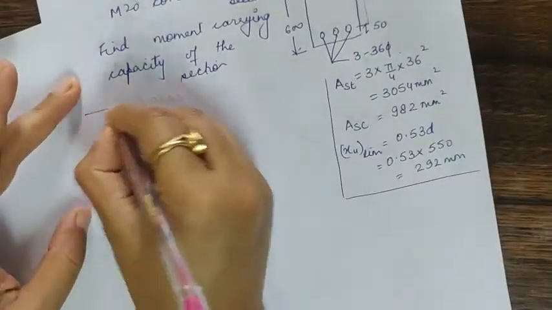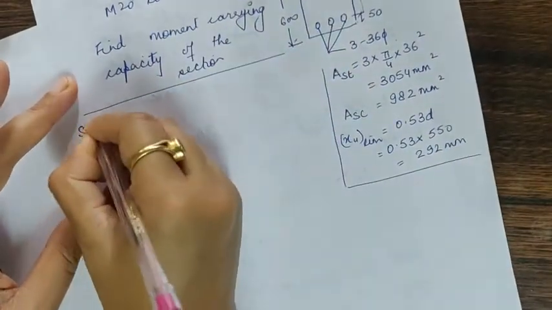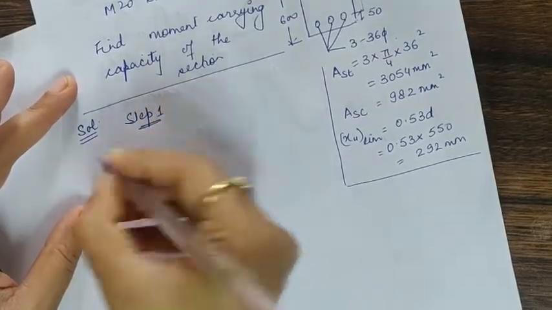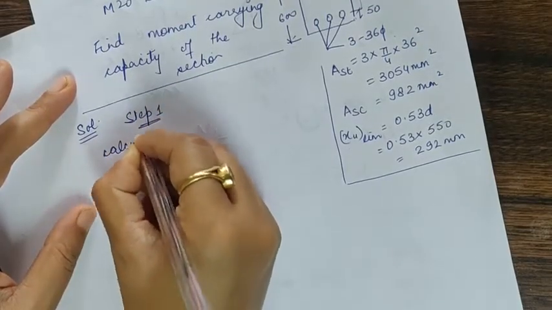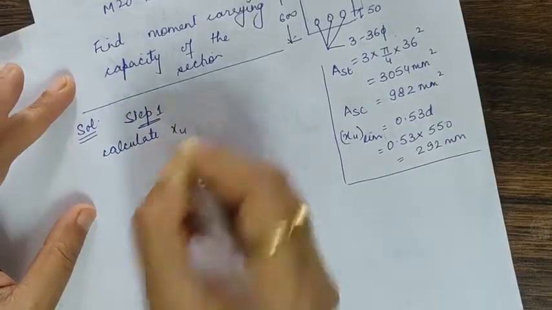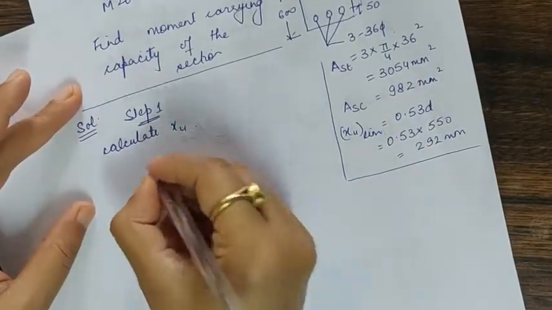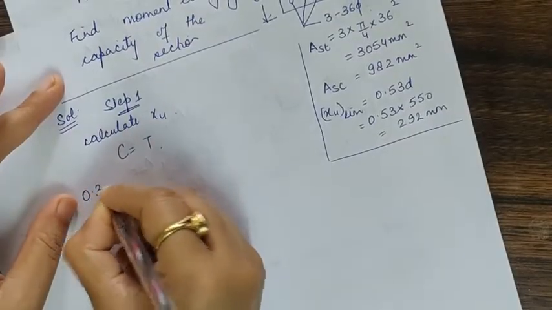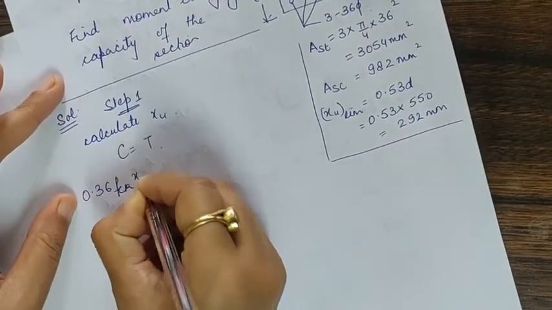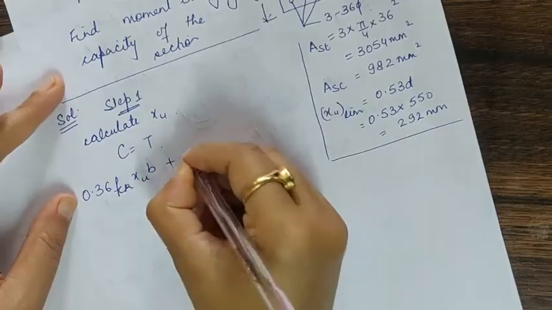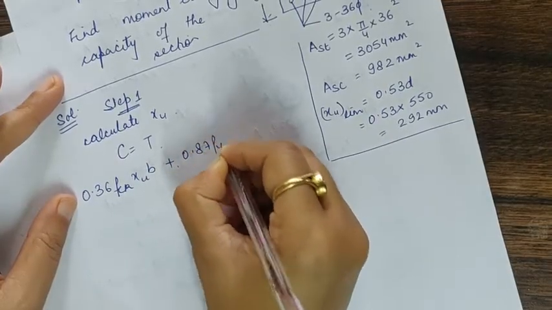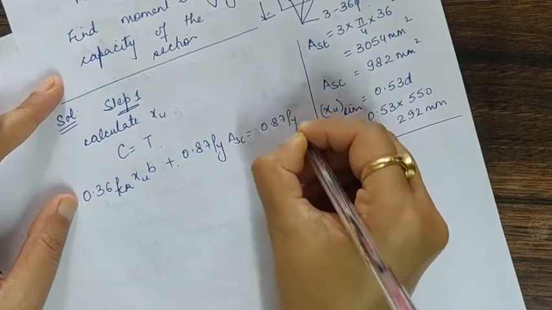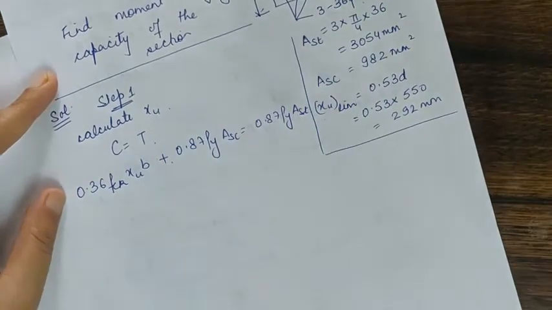So what was the solution? What was step 1? Step 1 was calculate XU. How did we calculate XU? By making C equal to T, that is 0.36 FCK XU into B plus 0.87 Fy into ASC equals 0.87 Fy into AST.